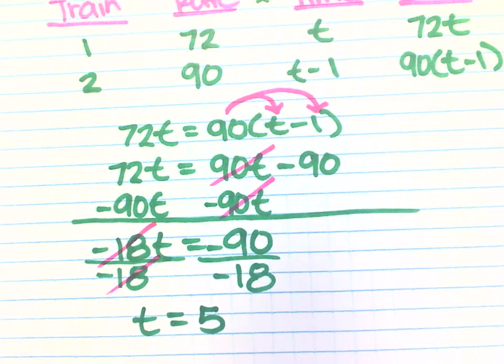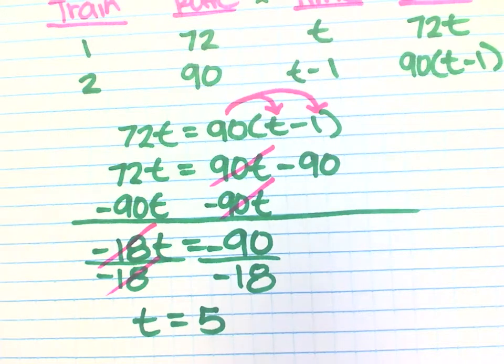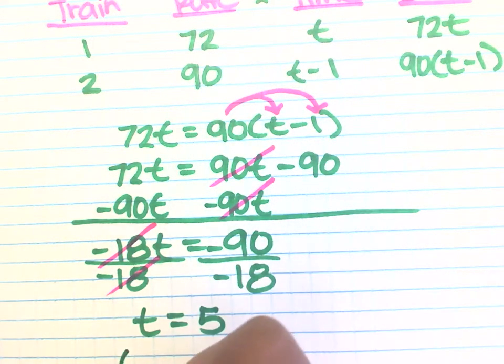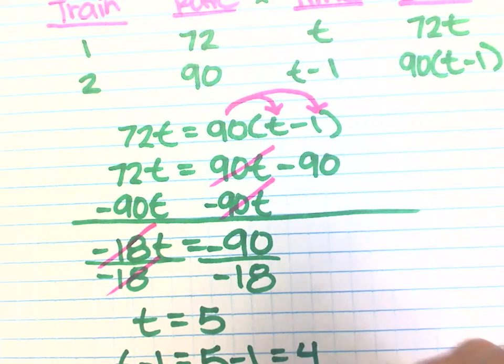But I'm not done. I found that the first train takes 5 hours. The second train, if I look back at my equation, I said the second train is T minus 1, right? So the first train is T. My second train is T minus 1, which is 5 minus 1. So that's 4.